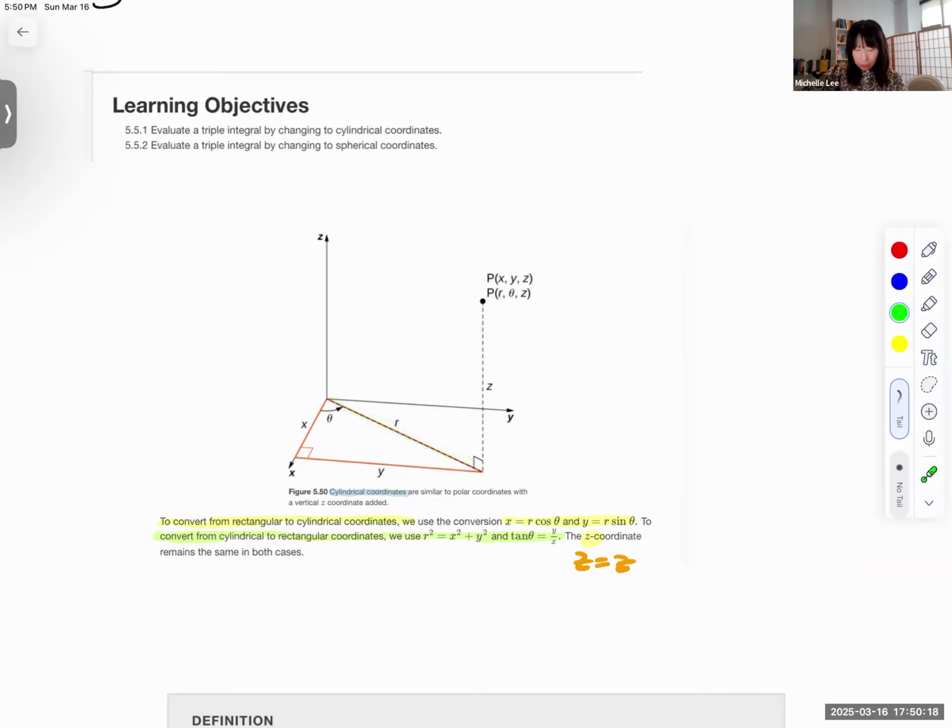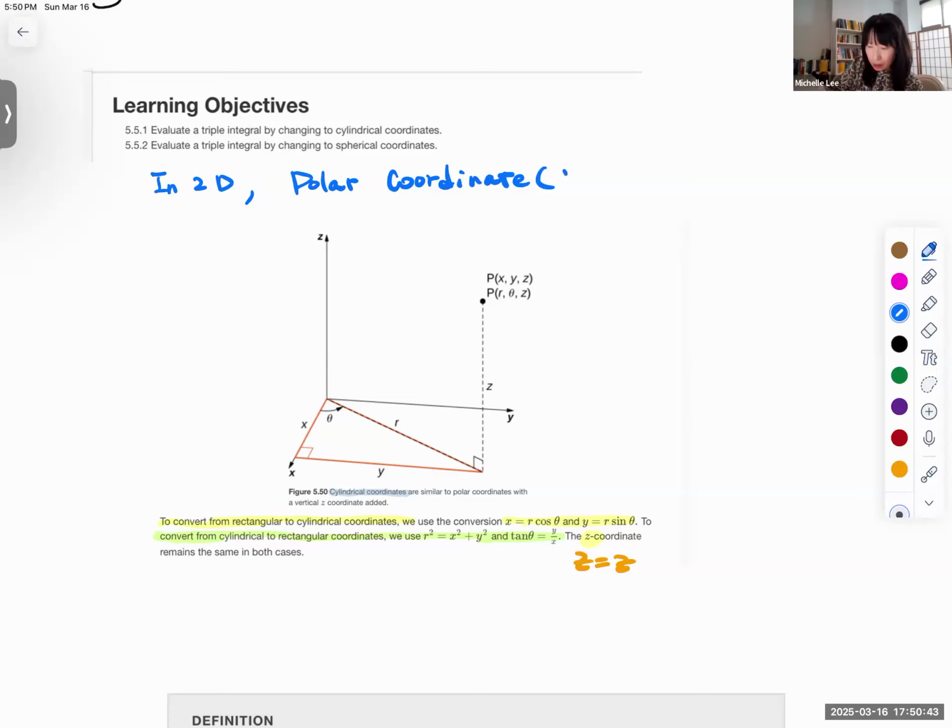Basically, cylindrical coordinates come from polar coordinates. In 2 dimensions, we have polar coordinates, which are r and theta.